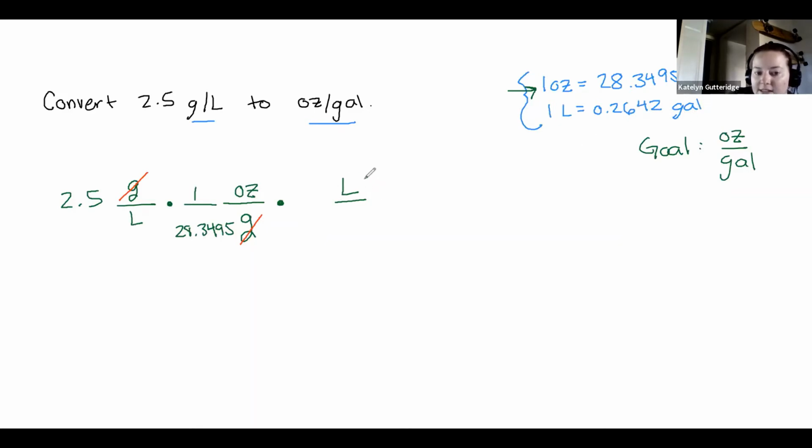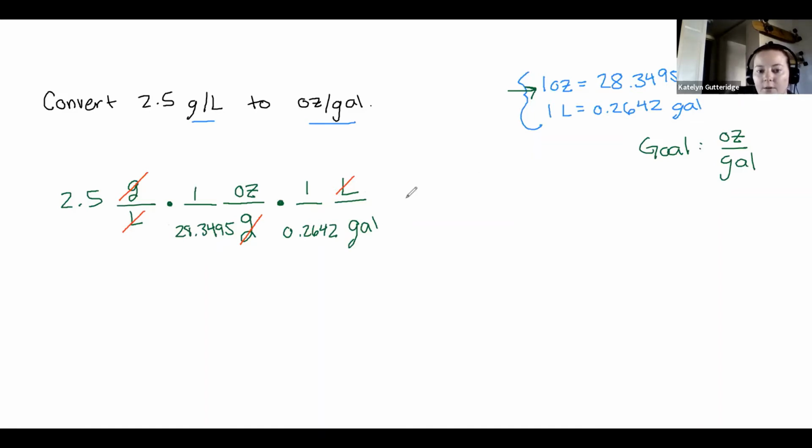Since liters has to be in the numerator, that means I'm putting gallons in the denominator. And then again, match up the numbers: 1 liter for 0.2642 gallons. Here liters is in the denominator and liters is in the numerator, so they will divide out.